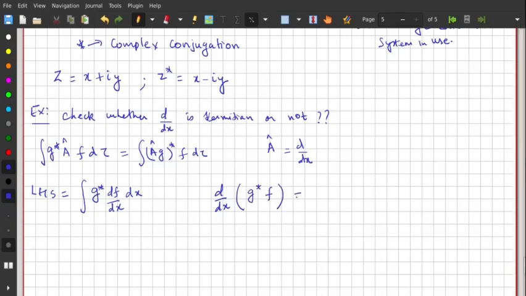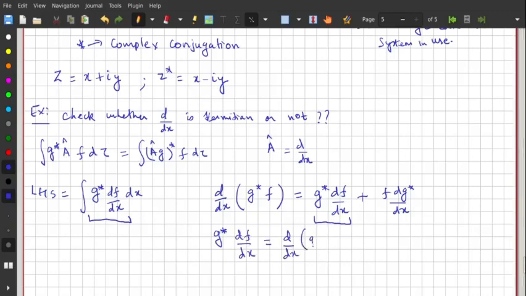We can use the product rule: this is g star df/dx plus f dg star/dx. So g star df/dx becomes d/dx of g star f minus f dg star/dx.